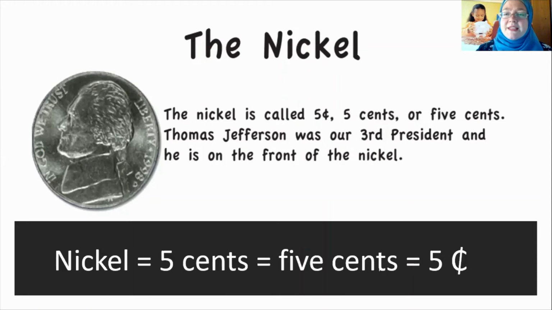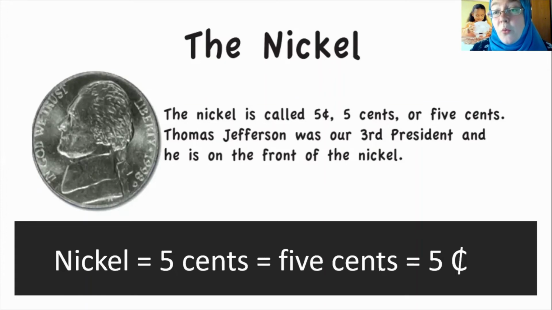The older ones have him where his face is to the side and you only see his profile. But the newer ones, they decided to show you the front of his face. Can you see the front of his face? Kind of, sort of. And here's the older ones. They wanted to show you the profile.